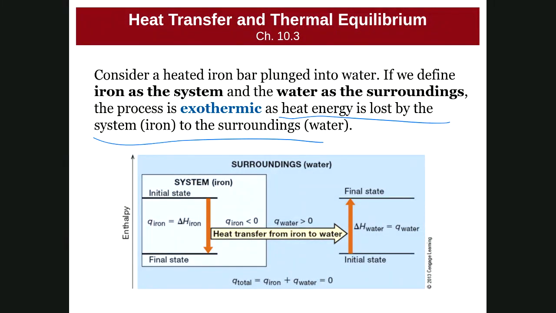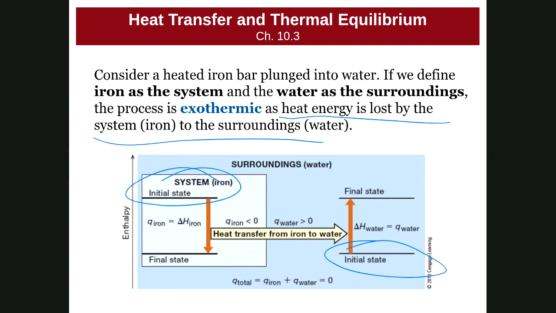We see that in our figure here. The initial state of the iron has a high enthalpy. It had a lot of heat energy. The initial state of the water had low enthalpy. It was cool, the iron was hot.